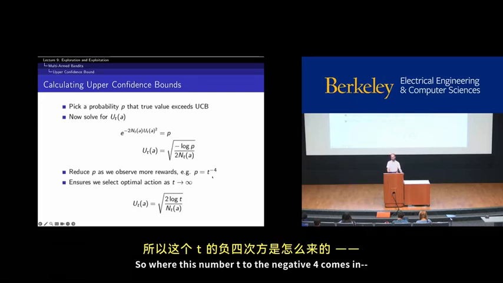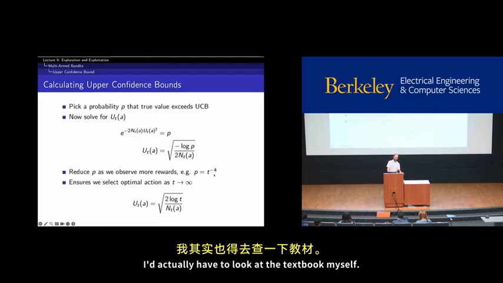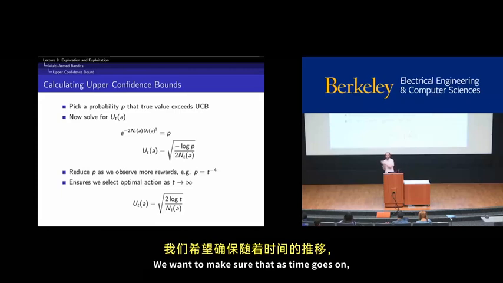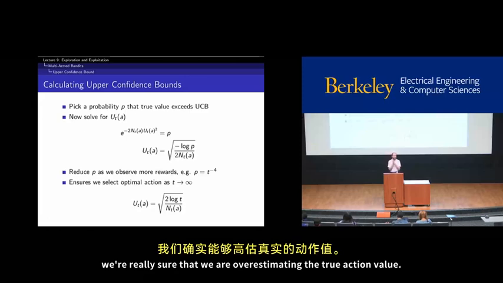Where this number t to the negative 4 comes in, I'd actually have to look at the textbook myself. But importantly, it goes to 0. We want to make sure that as time goes on, we're really sure that we are overestimating the true action value.